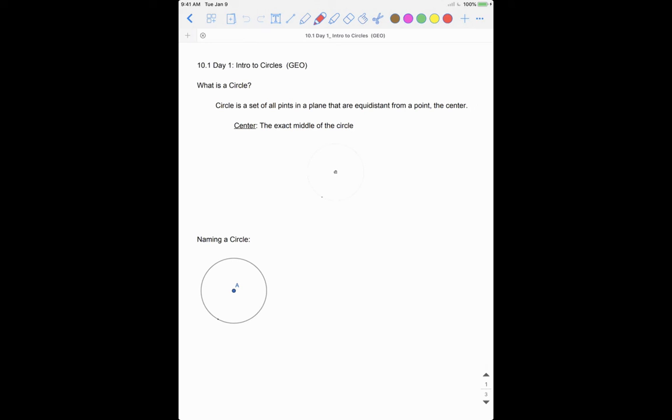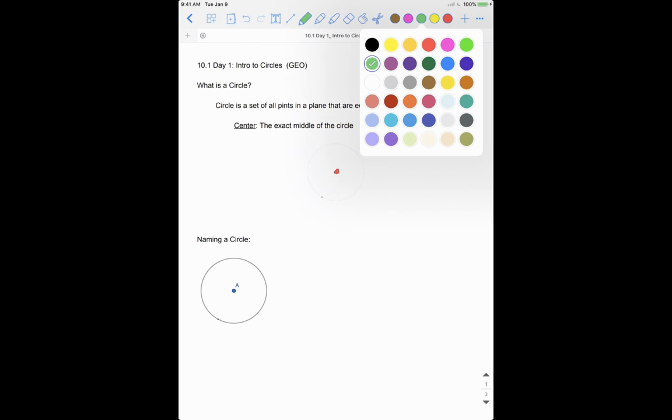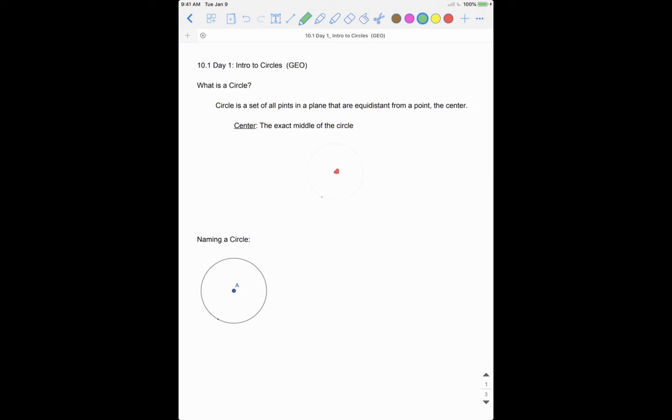So if we look at this example, let's say we make this center dot our center, right? So this is our center. And then we want to go through and make a bunch of other dots that are all the same distance from that center dot, right? So let's see if I can do this. Let's make this bigger.